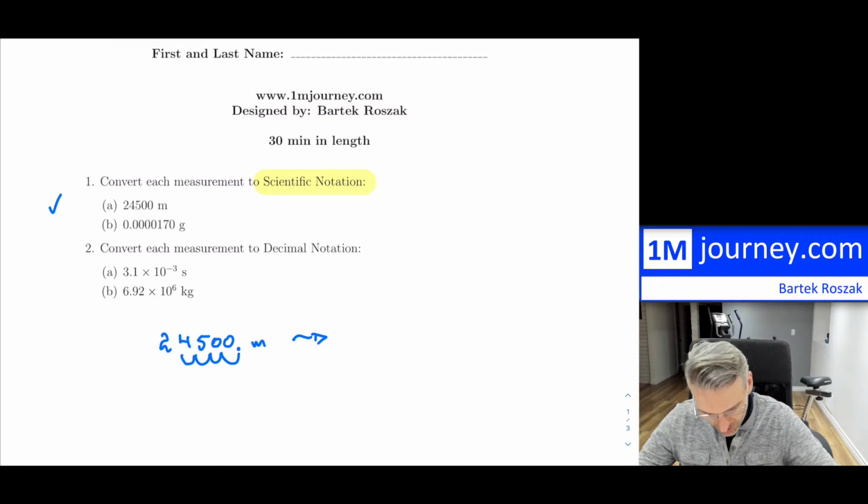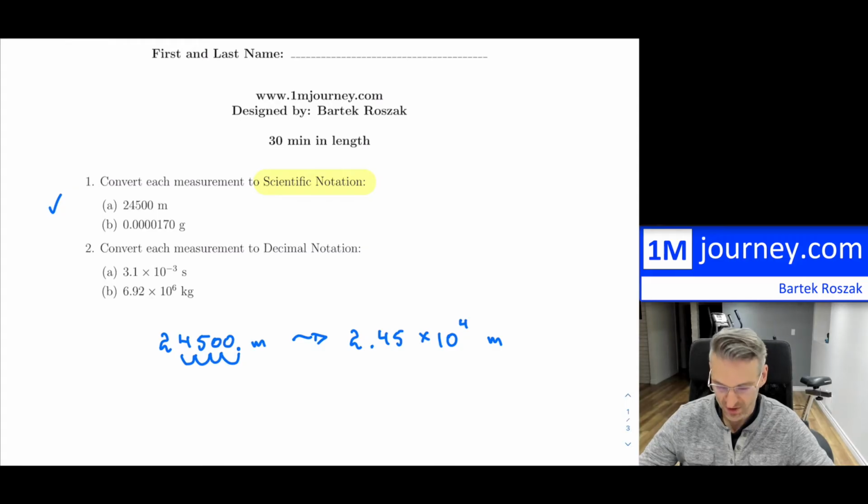Once you do this, you get 2.45. Those zeros are actually not significant, so we can leave it as it is. So we have 2.45 times 10, and you shifted it over 4 spots. And now don't forget your unit because it is a measurement. That would be the first one, part A.